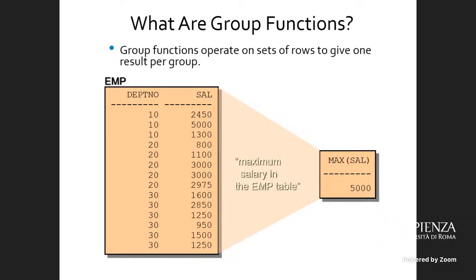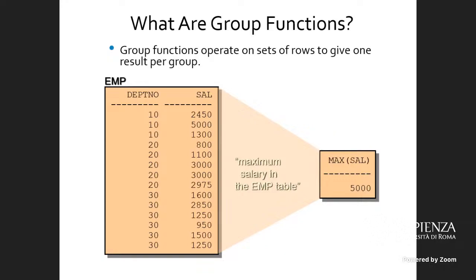We are looking at something greater than something, something less than something, salary between, salary being equal to, salary not, things that are inside the rows of data. But group functions operate on columns.